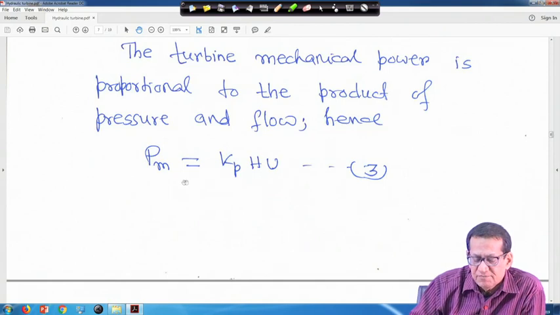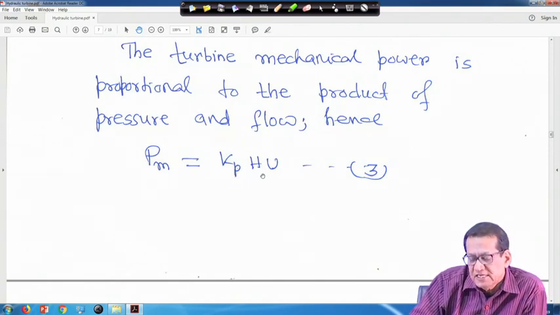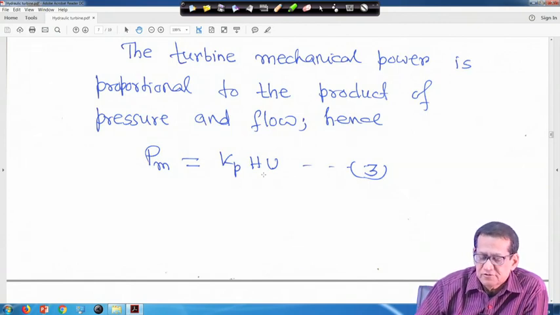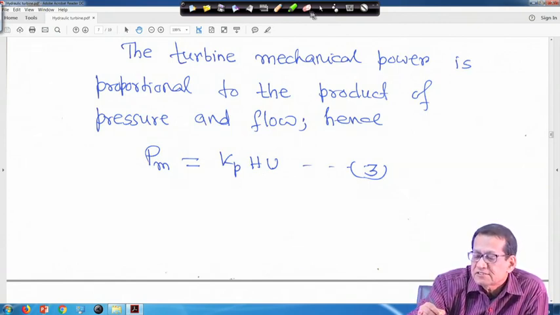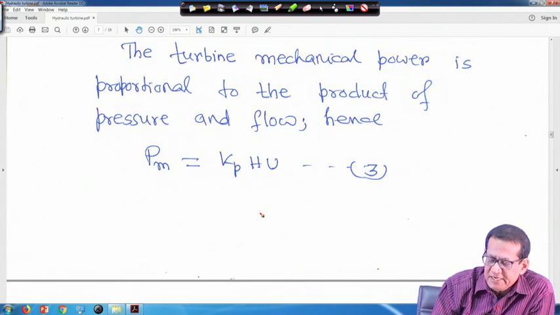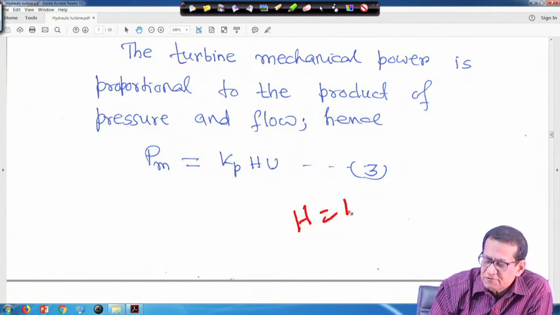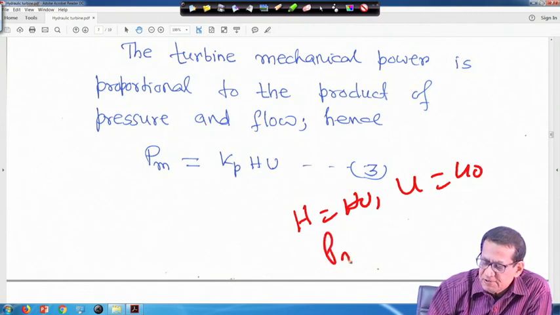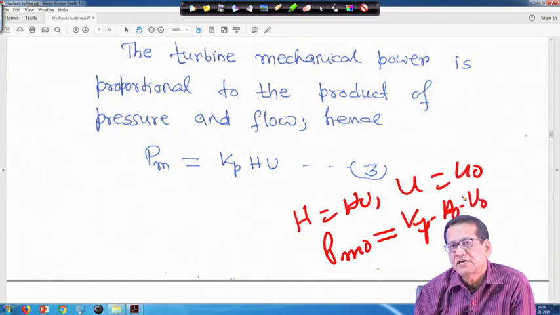So, P m is equal to K p, a constant of proportionality, into H into U, right. When H is equal to H 0 and U is equal to U 0, then P m 0 is equal to K p H 0 U 0, right.